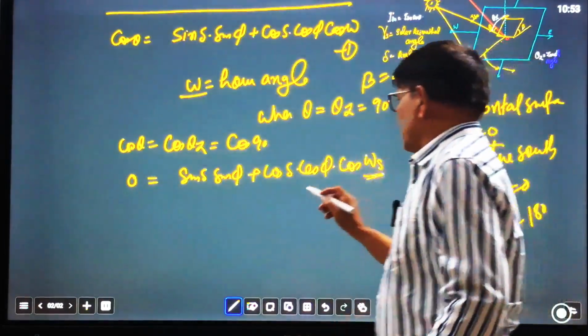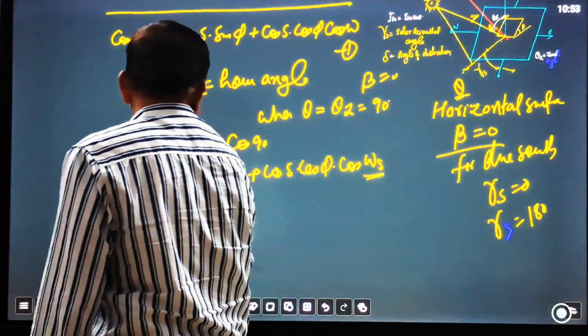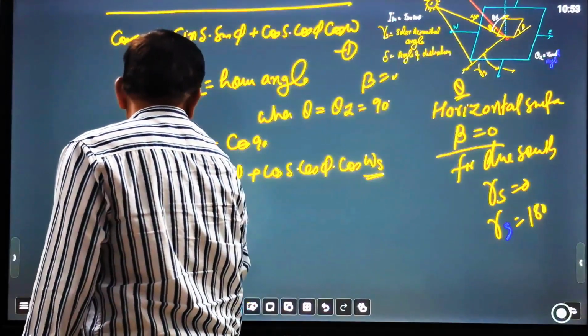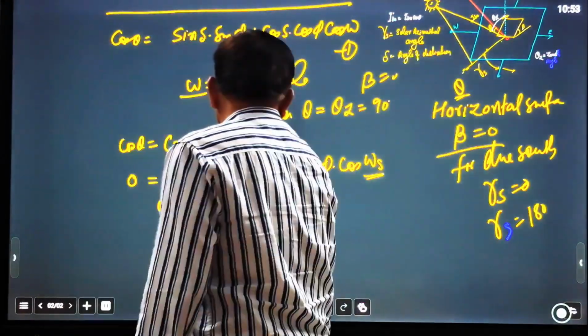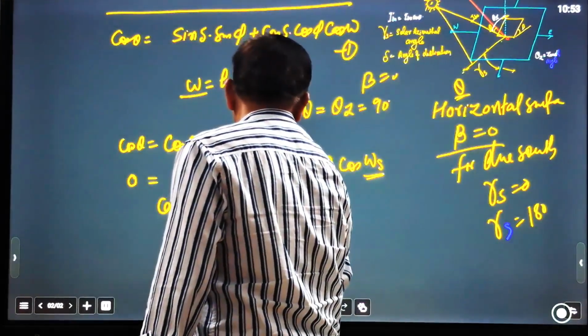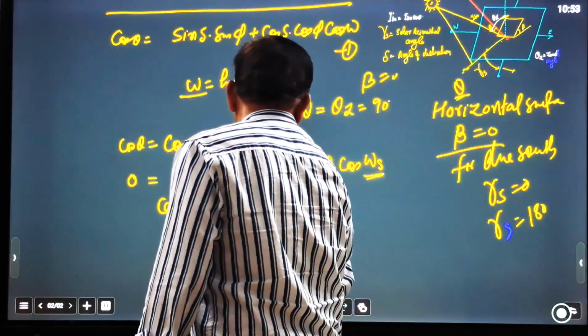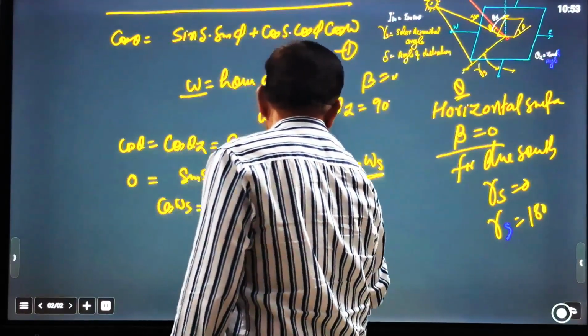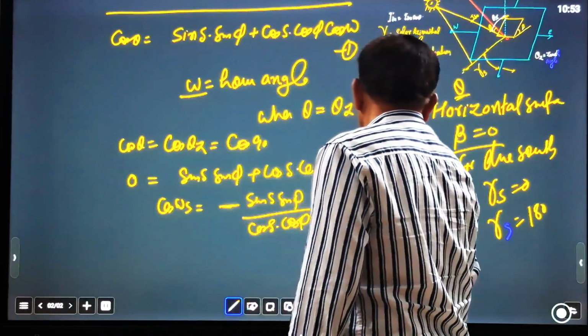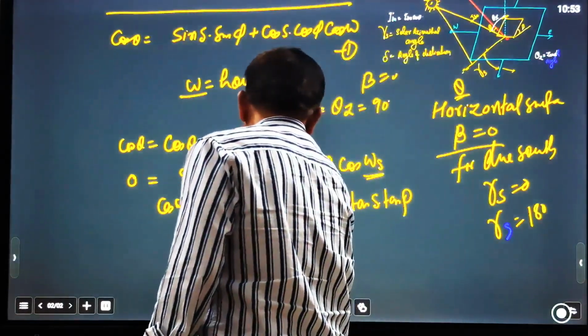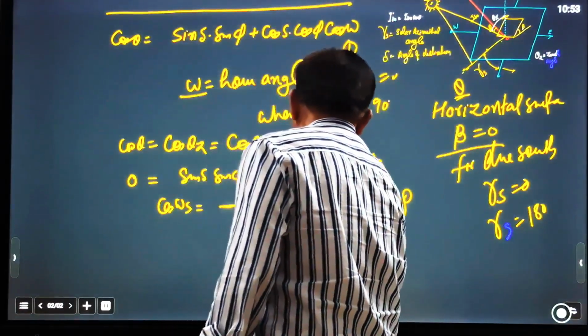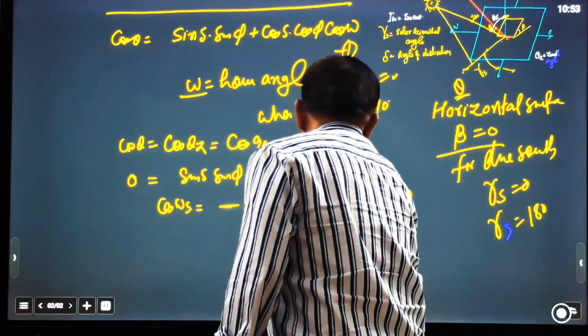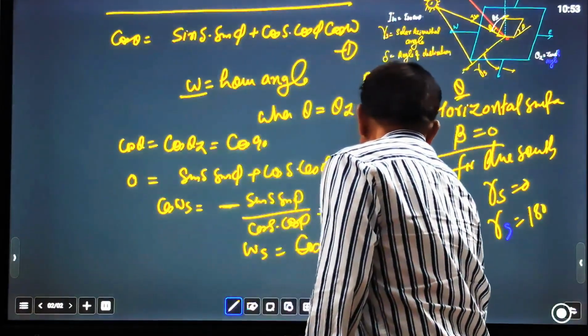So omega s we can calculate here by solving this equation. Cos omega s equal to minus sin del sin phi upon cos del cos phi, that is equal to minus tan del tan phi, so omega s becomes cos inverse of minus tan del tan phi.